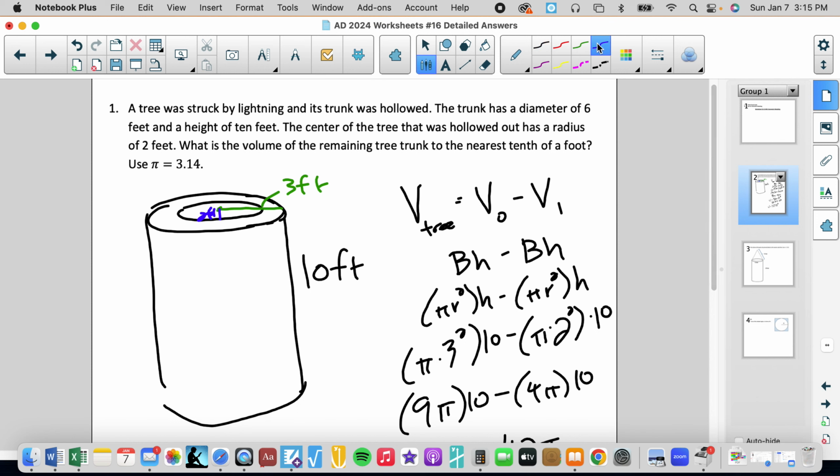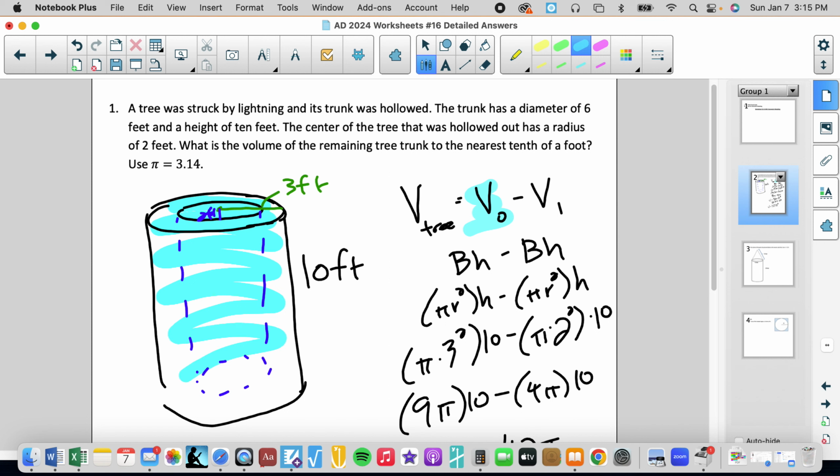When you have this inside hollowed out, how do you find that outside thickness? Well, you have to subtract. You're boring it out. So it's as if you find the whole entire cylinder. So I'll show you quickly. So this volume is going to be the whole entire cylinder.